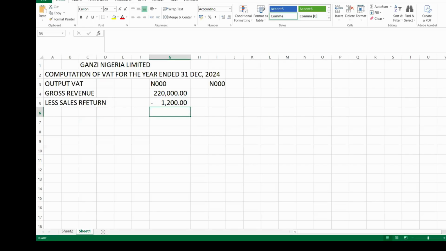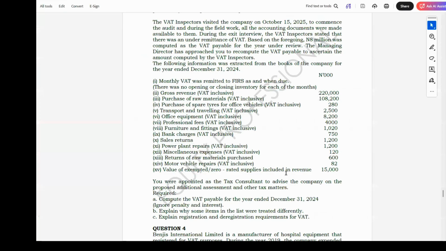Then we have the value of zero-rated supply included in revenue. When an item is exempted, it is not going to be available for VAT. If an item is zero rated, what will be the rate of VAT? 0%. This amount has already been included in our sales, so we deduct it.